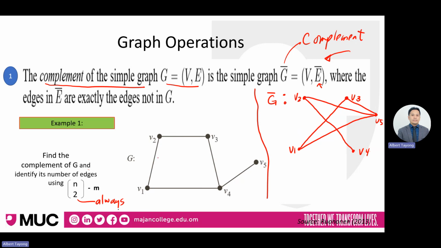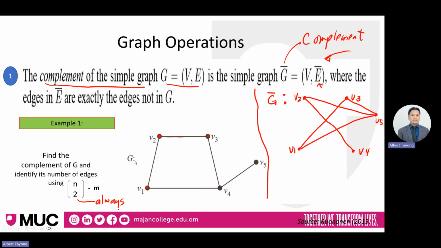For example, this edge uses 2 points, V2 and V1. This edge also uses 2 points, V2 and V3. So for every edge in any simple graph, it consists of 2 points.